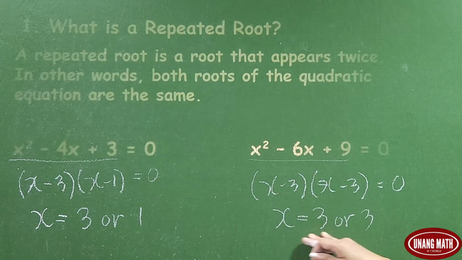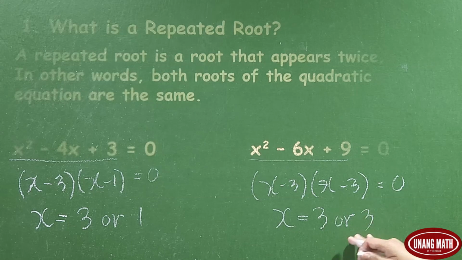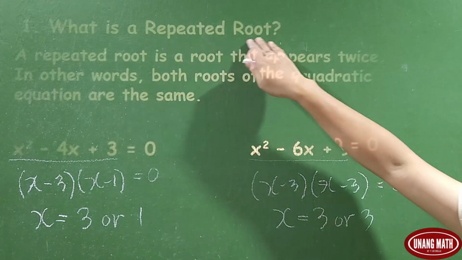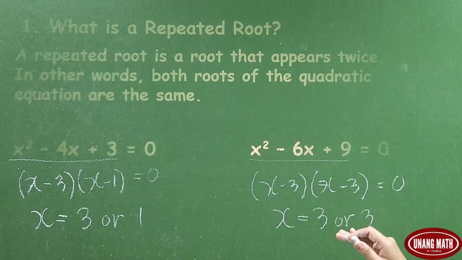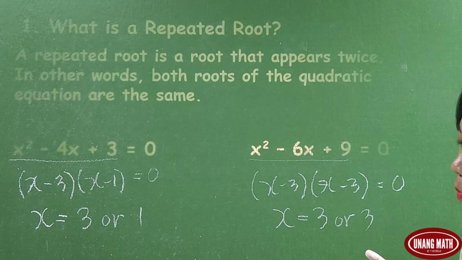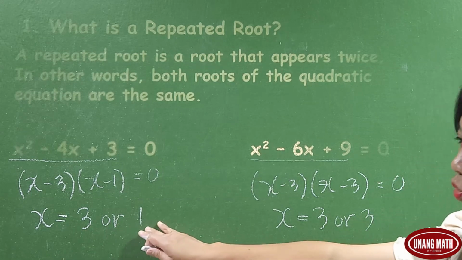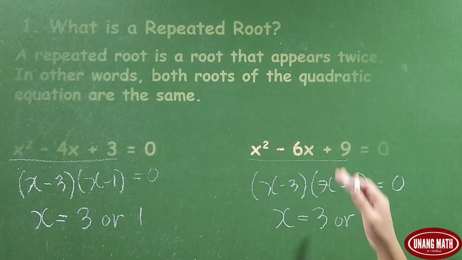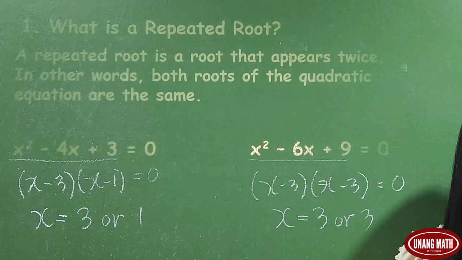In here, we have the same solutions. This is an example of a repeated root because the root here appears twice. Some quadratic equations have two different solutions, and some have the same solutions, which is what we call a repeated root.